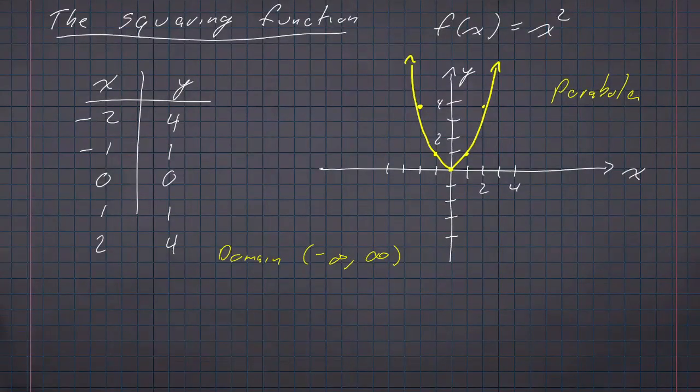No matter what numbers you want to square, you can square them and get a result. The range of the parabola goes from 0 to infinity. Whenever you square a number, the result always comes out positive unless you started with 0, in which case the result comes out as 0.